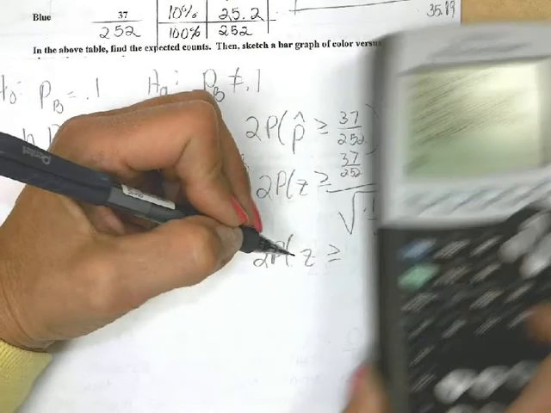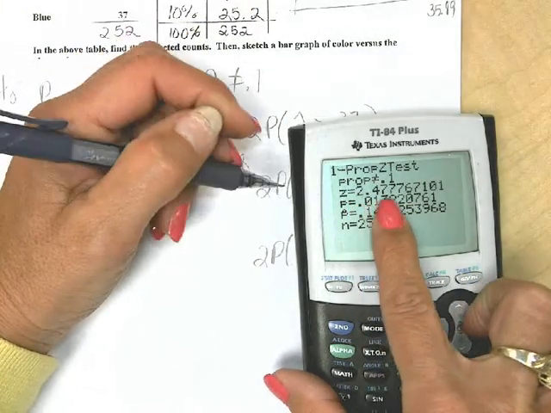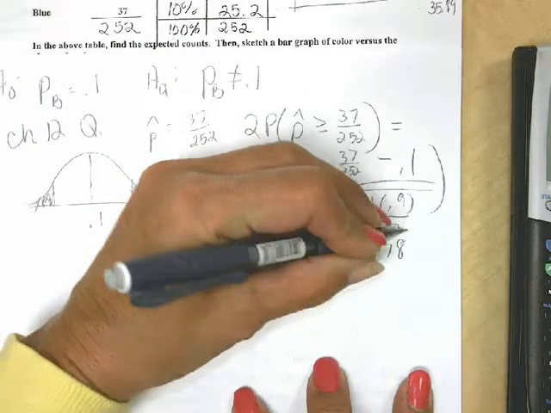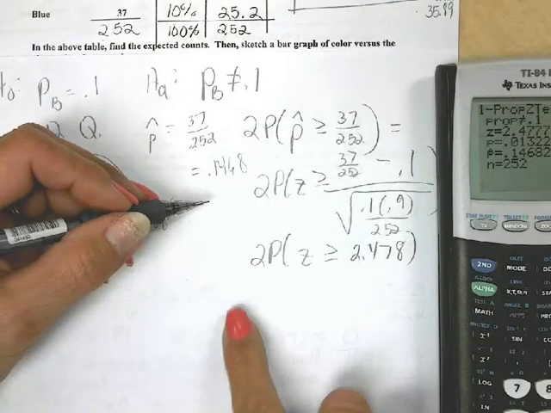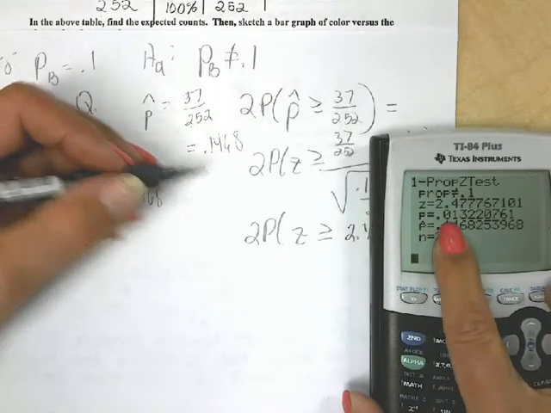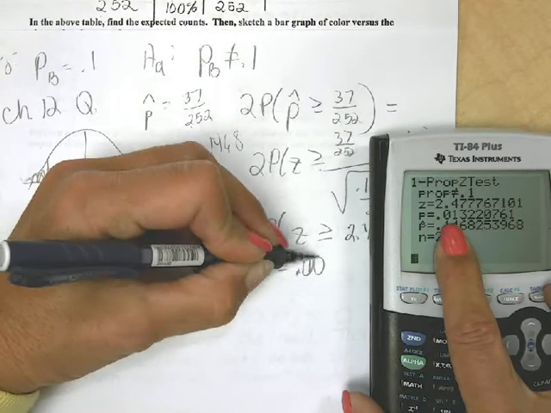And notice what I'm getting right here. If I do that math out, I'll get 2.478, basically. And if I do use my normal CDF to find this area, I'm actually going to get what is right here. Oops, 0.013. Well, I'll erase that.